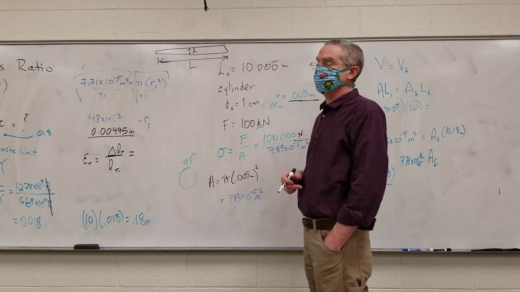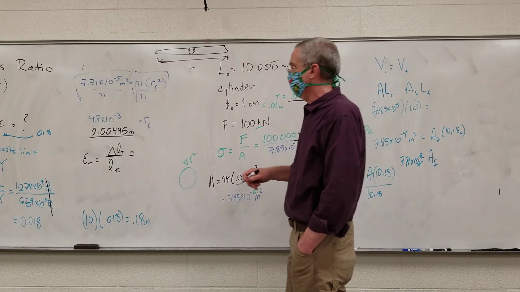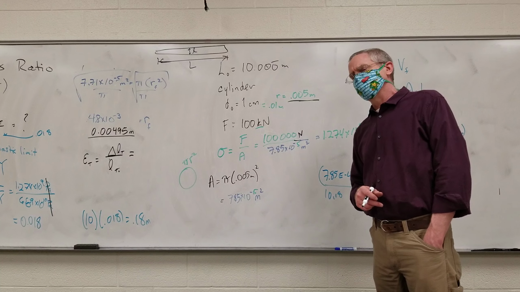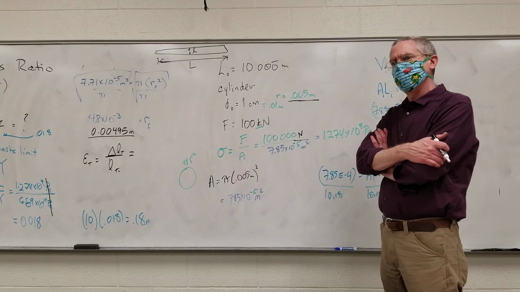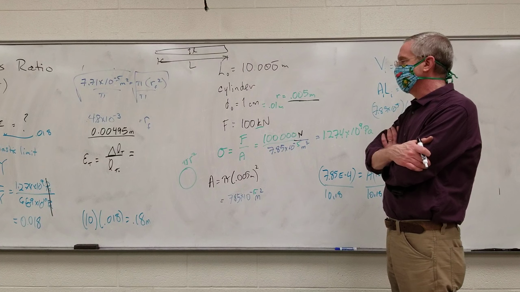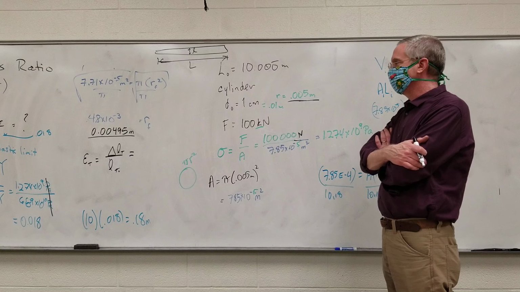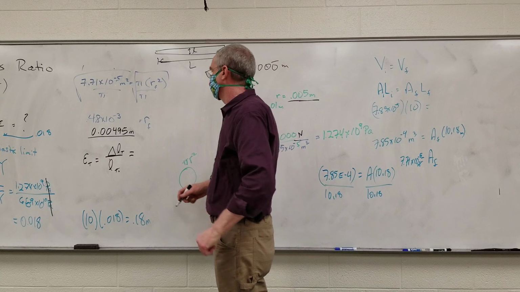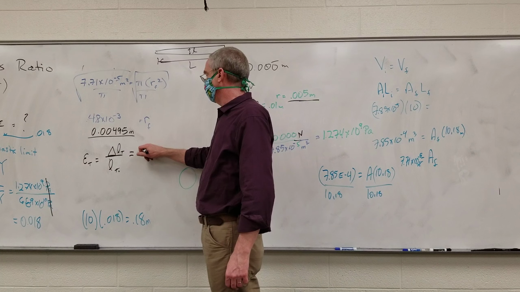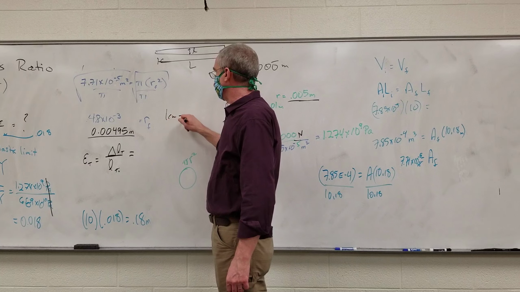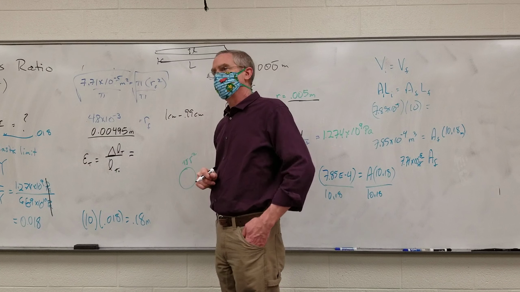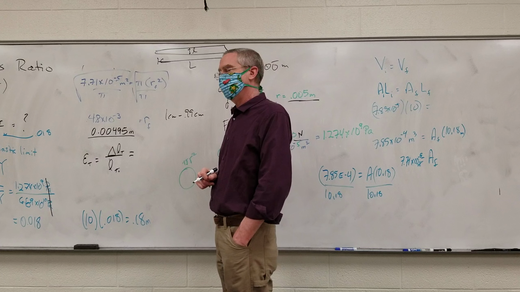You're going to get 1 centimeter minus 0.99 centimeters. So you want to put it in centimeters: 1 centimeter minus 0.99, which is 0.01 centimeters.